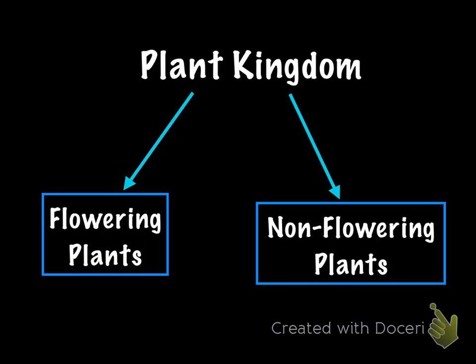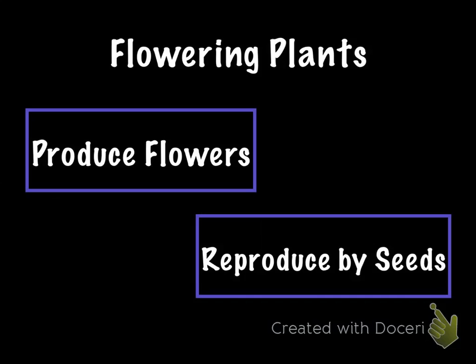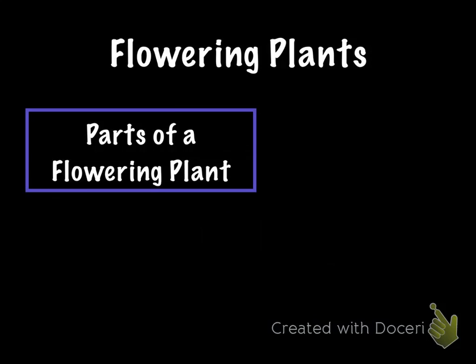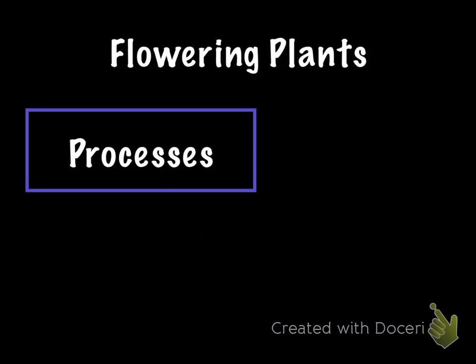Now, let us focus more on flowering plants first. What have we learned so far about flowering plants? Okay, we have learned that flowering plants produce flowers. They reproduce by seeds. We also learned about the parts of flowering plants, the functions, and the processes.